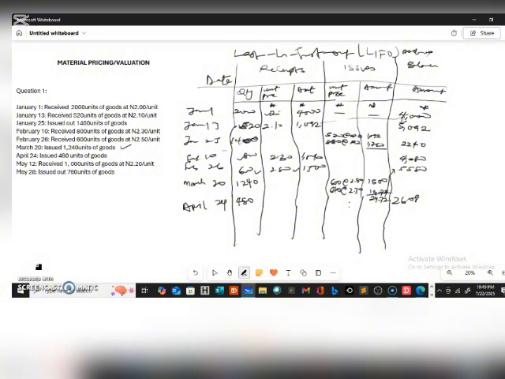So we consider the 160 at 2 naira 30 kobo. So let me multiply that, 160 times 2 naira 30 kobo. That should give us 368. So out of 480, we should have 320 left.